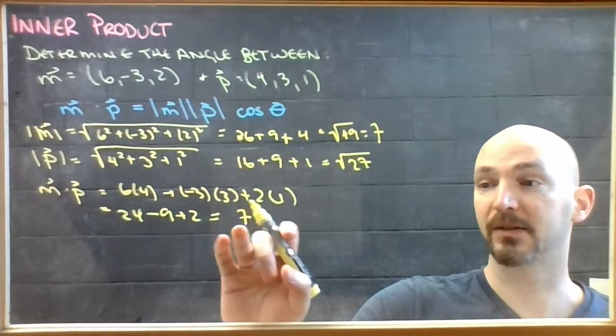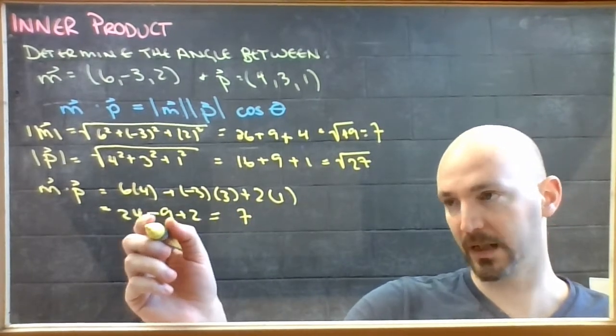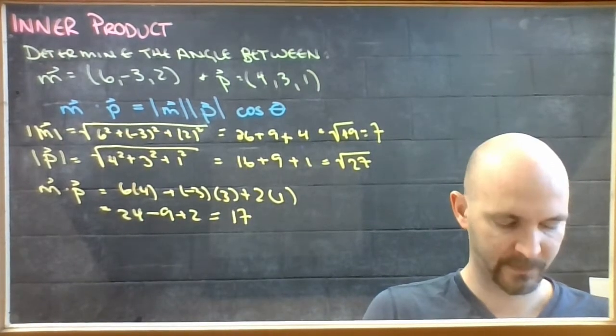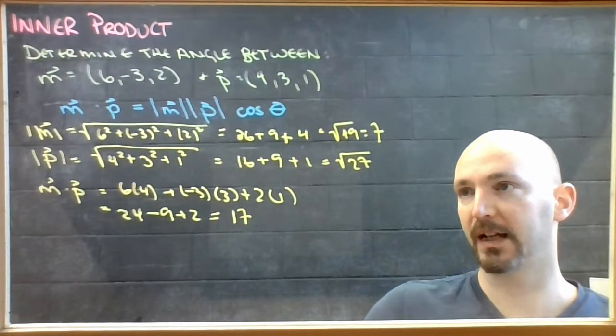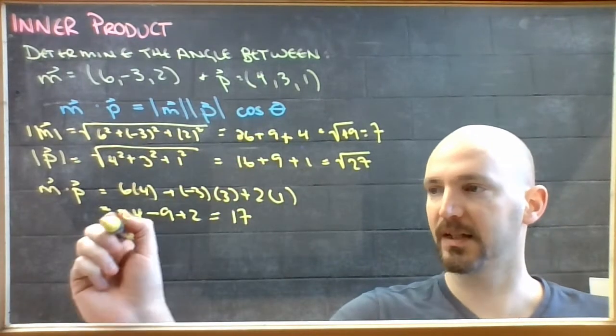Never second guess yourself, it leads to mistakes. 24 minus 9 would be 15, plus 2 is 17. There we go.